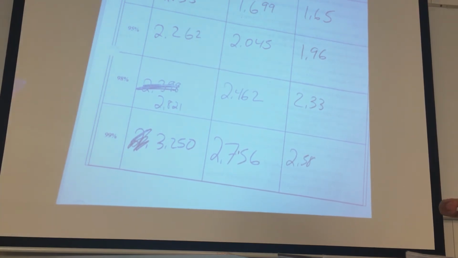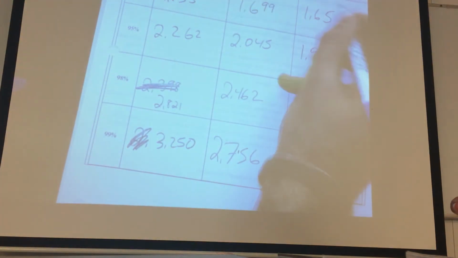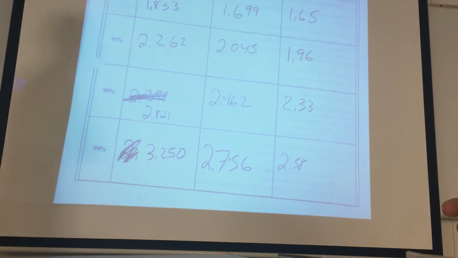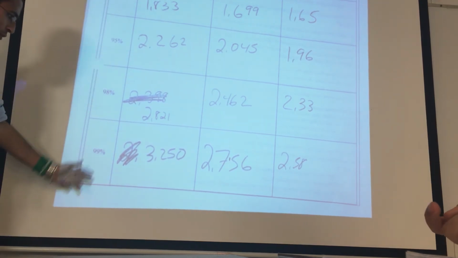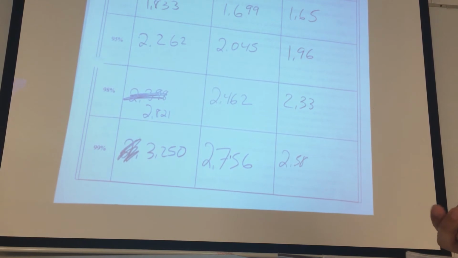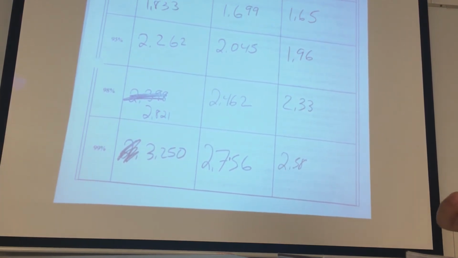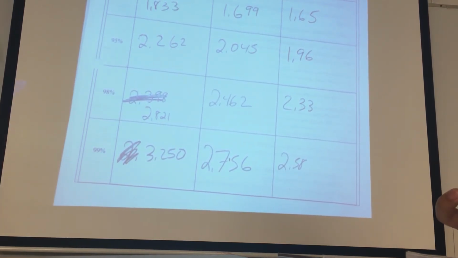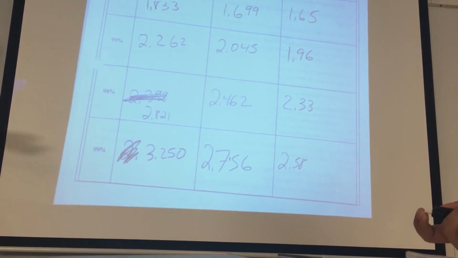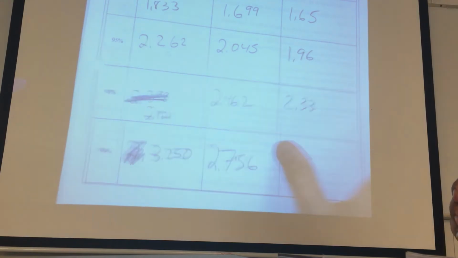Remember, margin of error is z-stat times square root of PQ over N. So if the confidence level goes up, what happens to the margin of error? Does the margin of error get bigger or smaller? Think, folks. It has to be bigger.